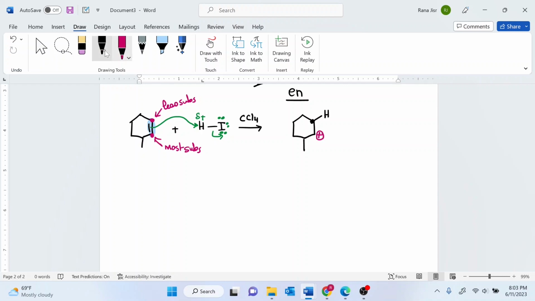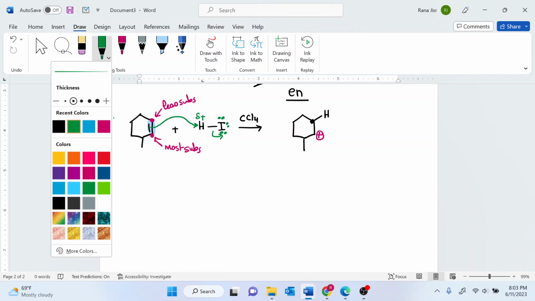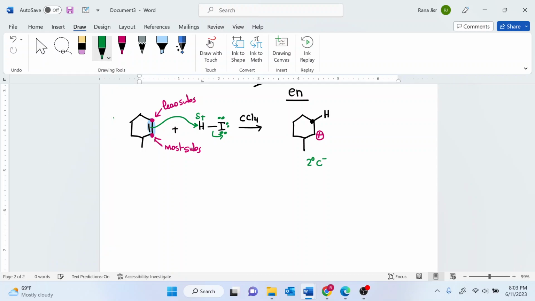Now, the carbocation here is a secondary carbocation. And that secondary carbocation, I have a potential of rearranging it by making it a tertiary carbocation. So if I move this positive charge here, it's still going to be a secondary. But if I move the positive charge here, then it's going to be a tertiary.